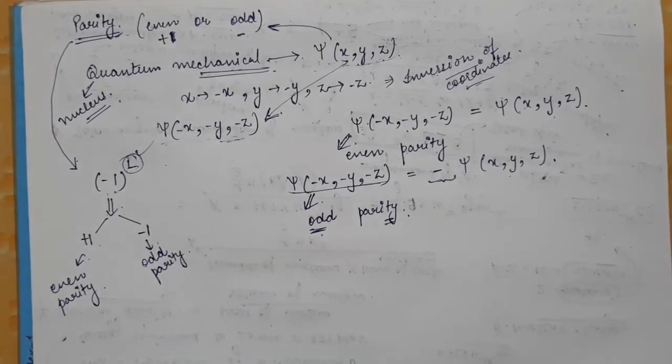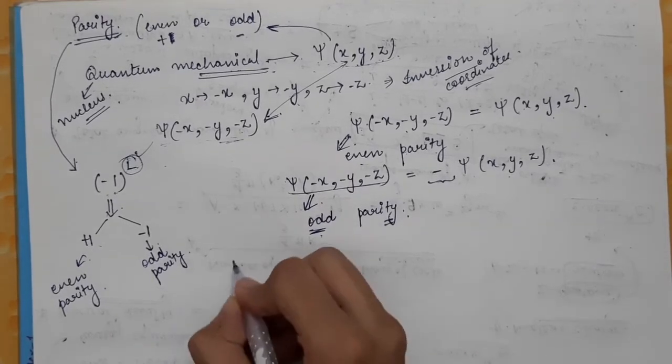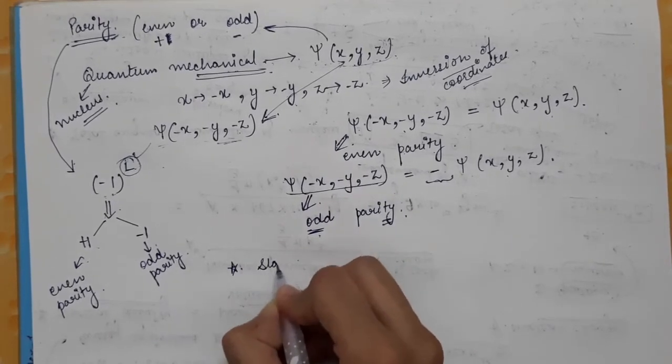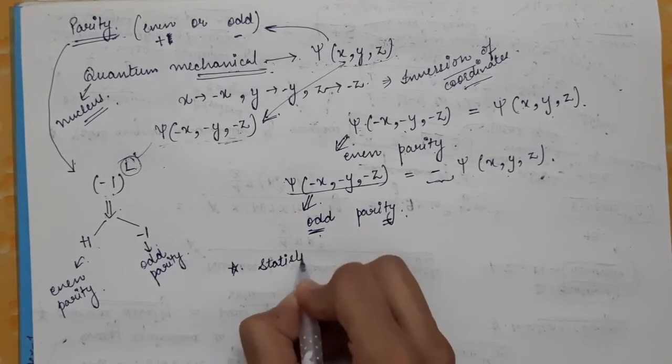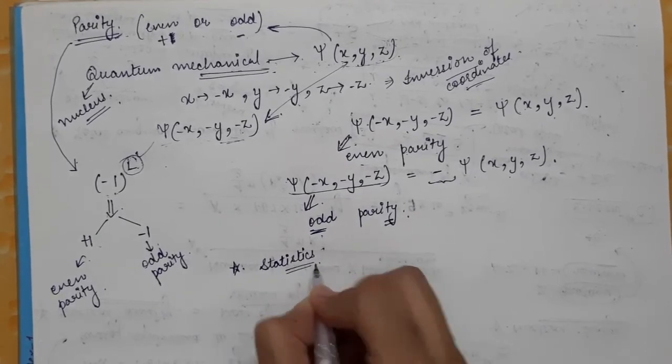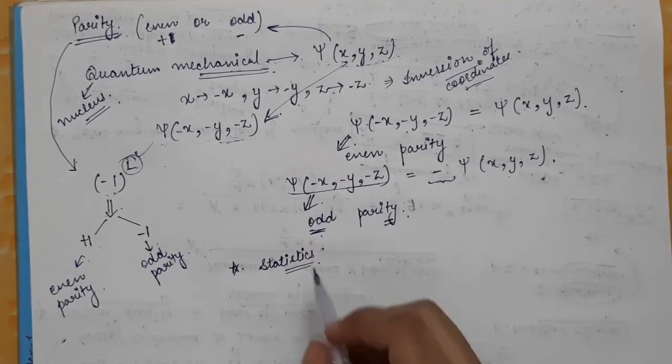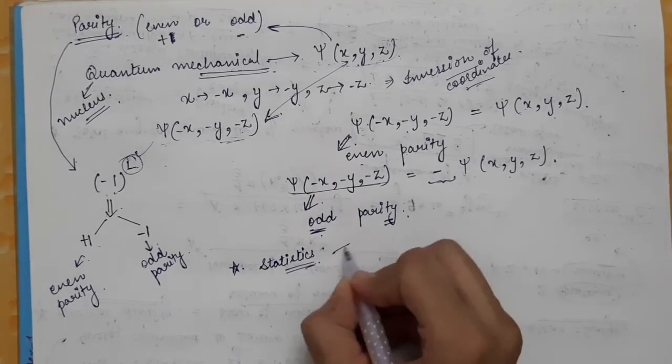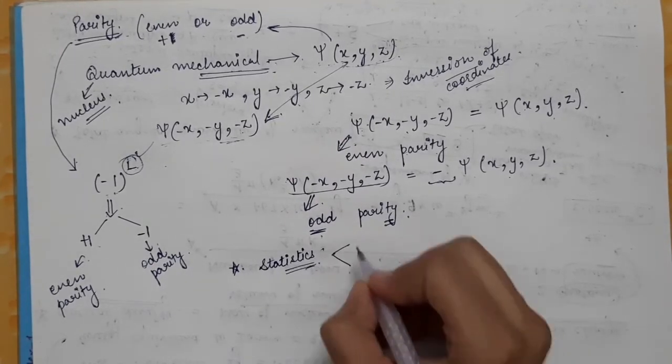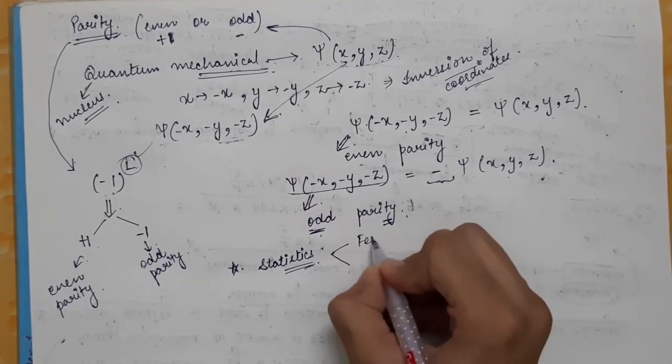The next property of the nucleus is the statistics. Statistics means what kind of statistics a nucleus follows. There are two main types of statistics.